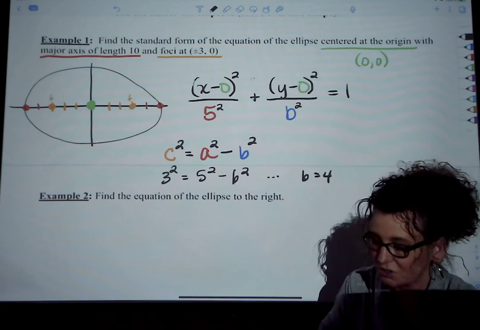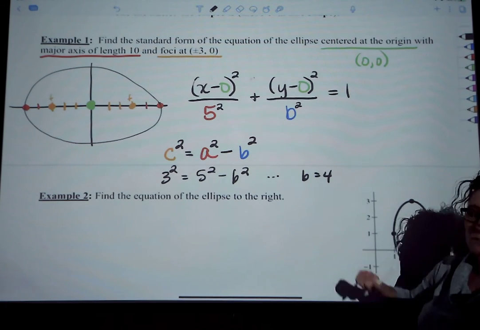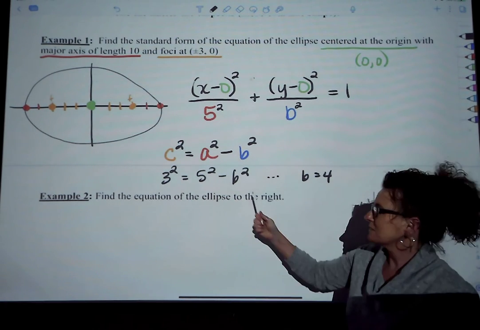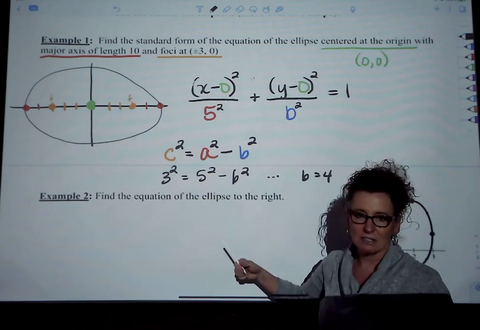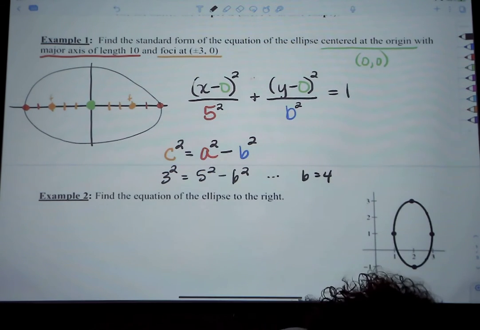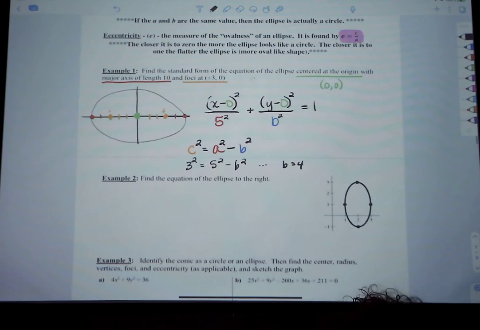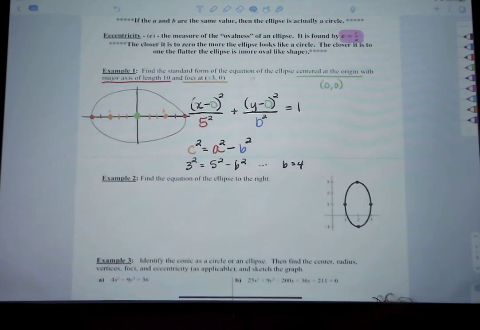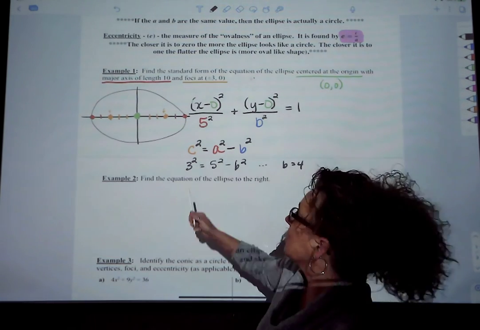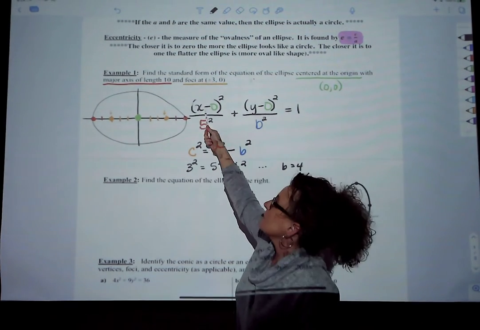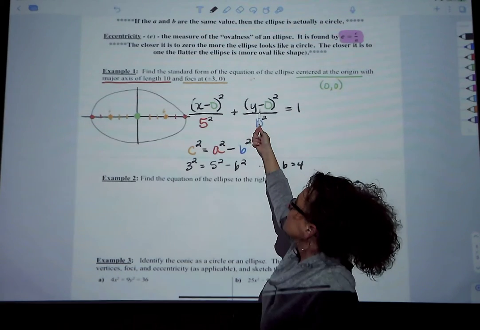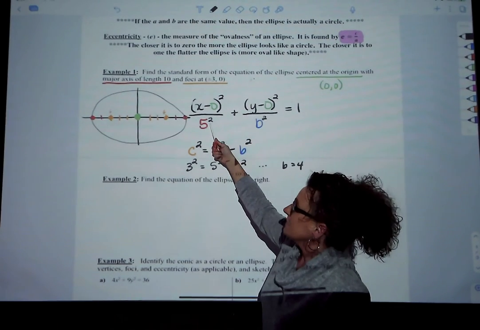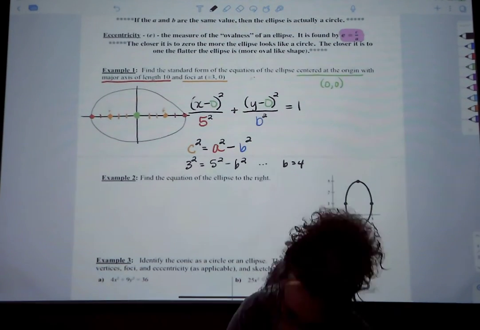Okay, and I'll let you solve it, but I get that B is 4. When I square everything and try to get B on one side and everything else on the other, I get that B is 4. So I'm going to go ahead and simplify this. You okay with that? I'm just going to call this x squared, and this y squared. That's a 5, that's going to be a 4.